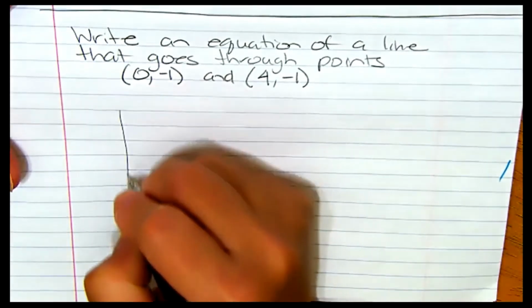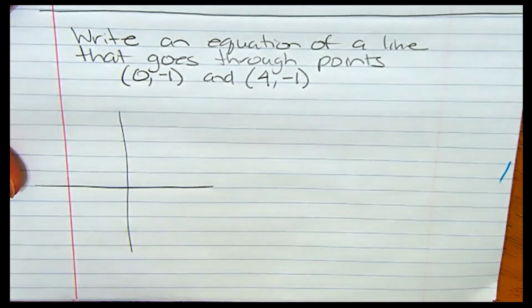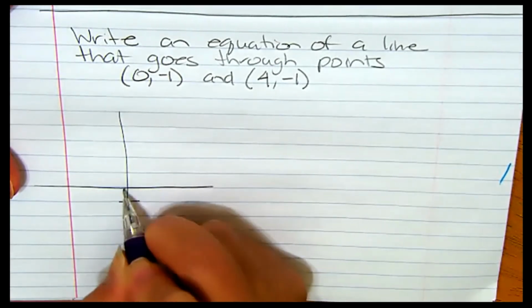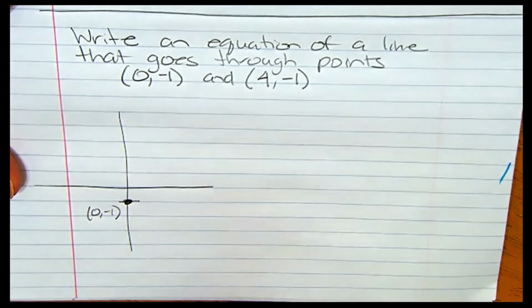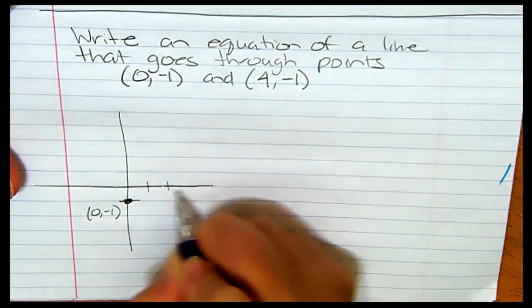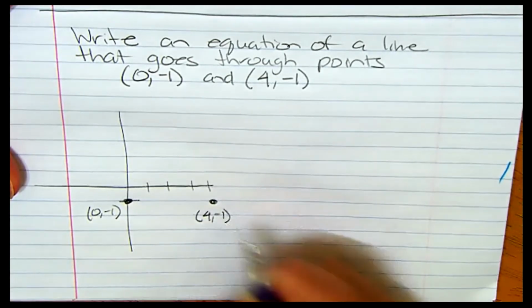So first, how about if I graph this bad boy? Let's see what we've got. So I have 0, -1. And I have 4, -1.